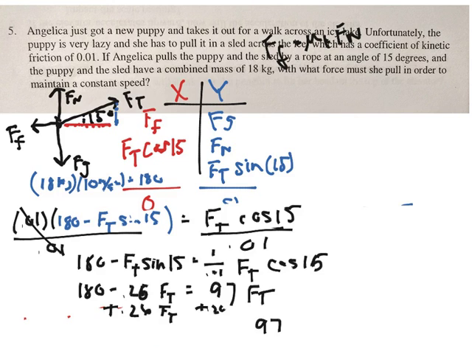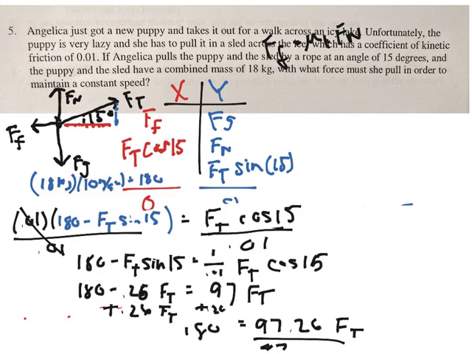So what I've done here is you add your 0.26 to both sides. I erase that bottom area to make room, so it would be 97.26 Ft, because this is what we're solving for, is equal to 180. So now the only thing left is solve for Ft, because that's what we want to know, what force she has to pull with.